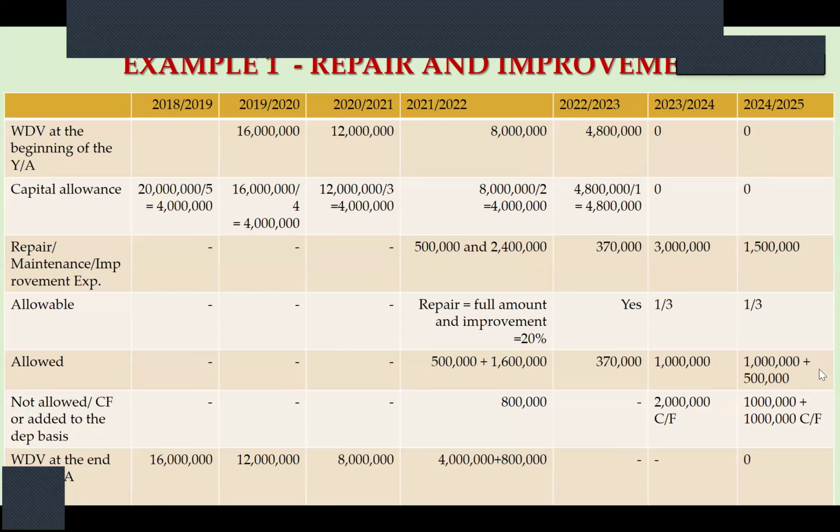Then we can carry forward those two amounts to the subsequent year, 1 million from 23-24, another 1 million from 24-25. That is why we have 2 million to be carried forward. In the 25-26 period, we can deduct the balance 1 million from 23-24 and 500,000 from 24-25. Got it?